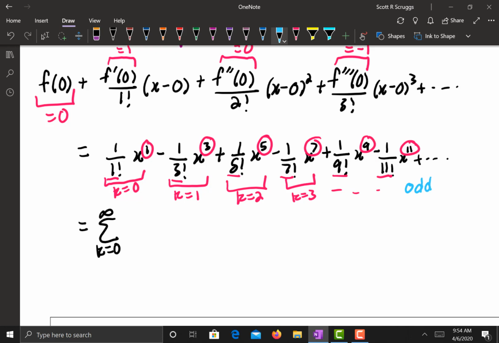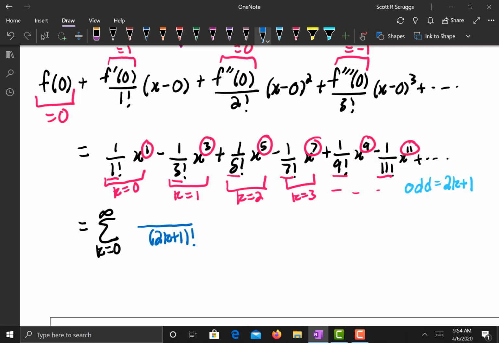And if you recall from way back in trig integrals when we talked about odd, I can always write an odd number in the form 2k plus 1. So because of that, two things that are going to be in my Taylor series is 2k plus 1 factorial.